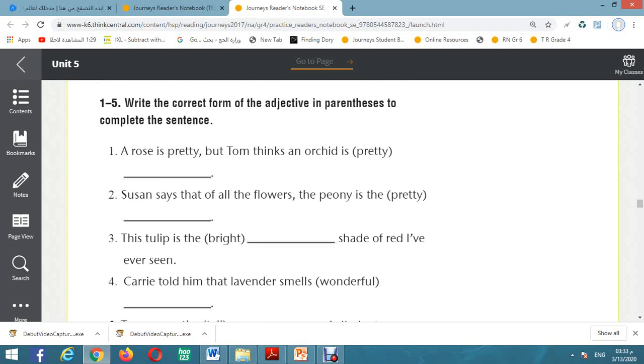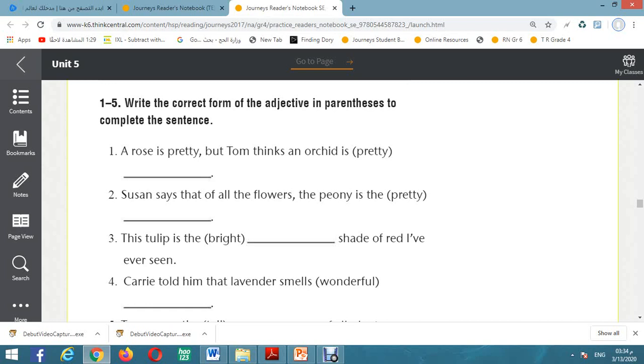A rose is pretty, but Tom thinks an orchid is. Here I'm comparing two, orchid and rose, so it's comparative. Ask yourself, pretty, short or long? One syllable, so it's a short adjective. So drop y, add IER, it will be prettier.